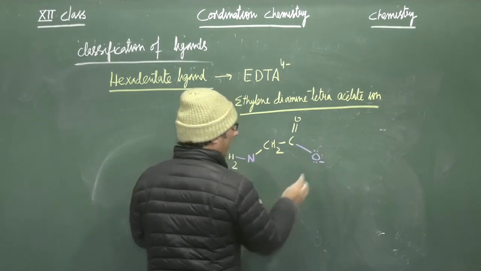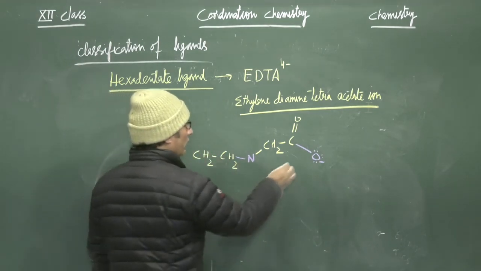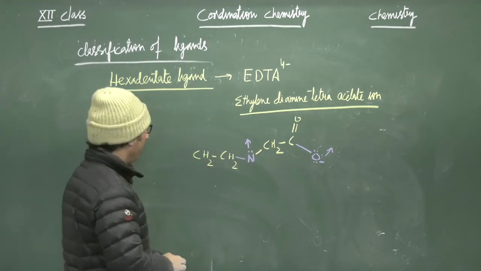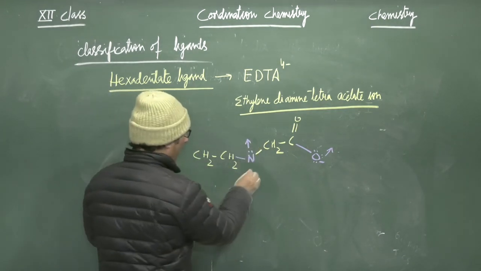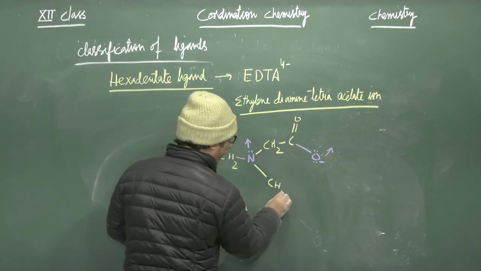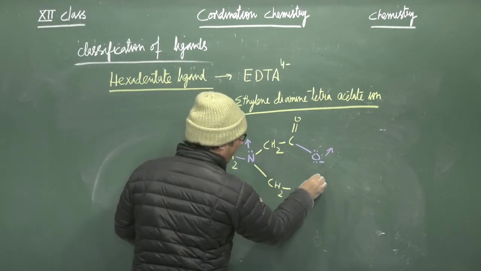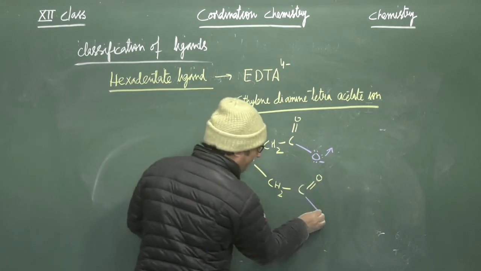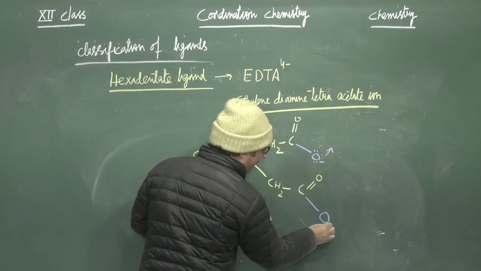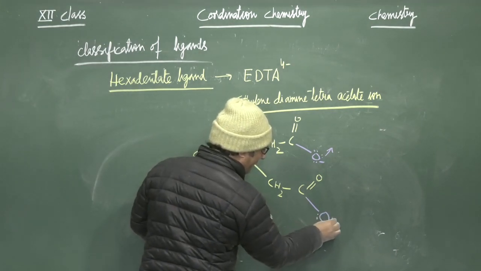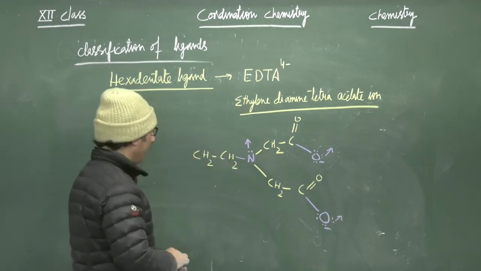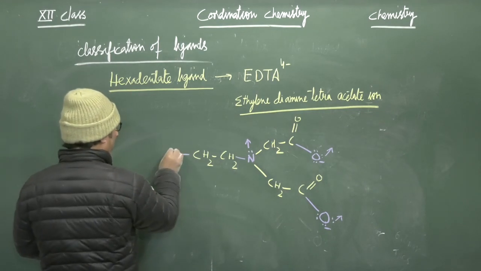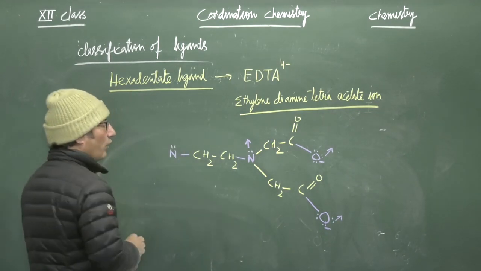I'm showing donor atoms here by purple color. This is one donor atom. This nitrogen is another donor atom. CH2, C, double bond O, O negatively charged. So this is another donor atom. Similarly, on this side, there's a nitrogen, which becomes the fourth donor atom.